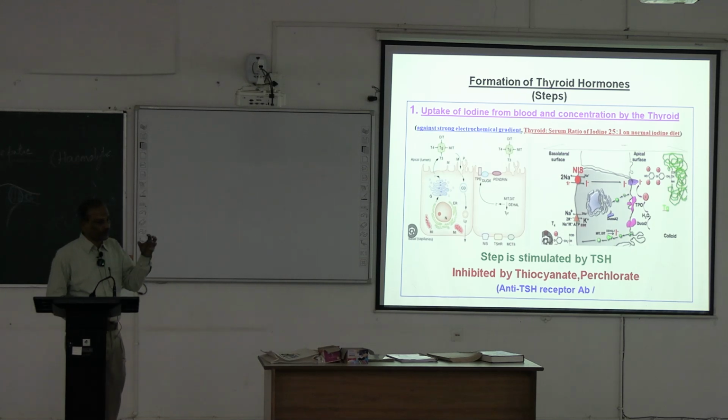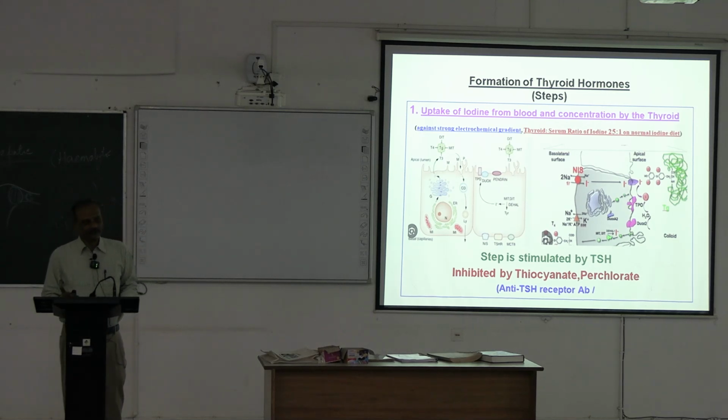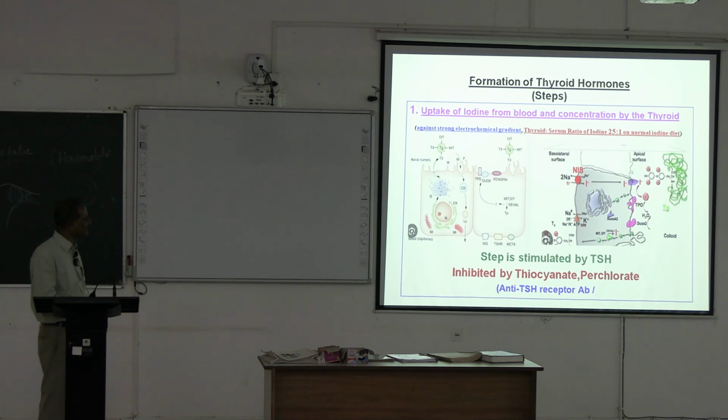So the thyroid is accumulating 25 times more than what the serum has. So an active pump is required. Without that pump, you cannot allow the iodine to enter the thyrocytes. This step is stimulated by TSH and is inhibited by thiocyanate and perchlorate.